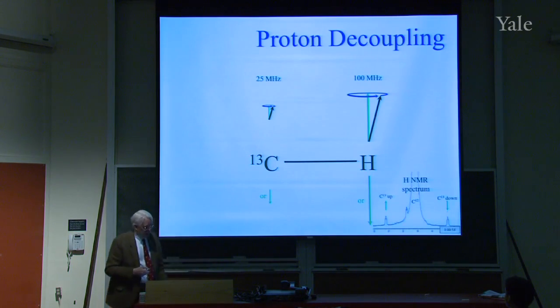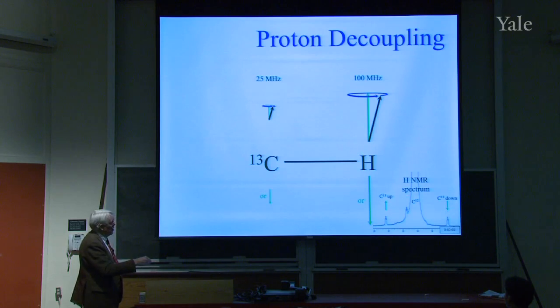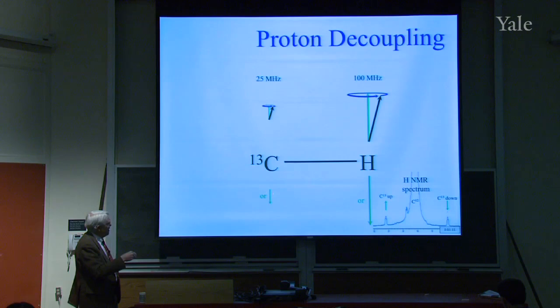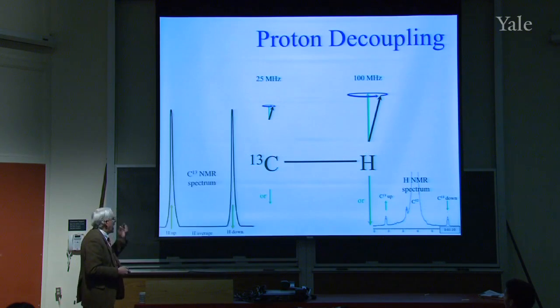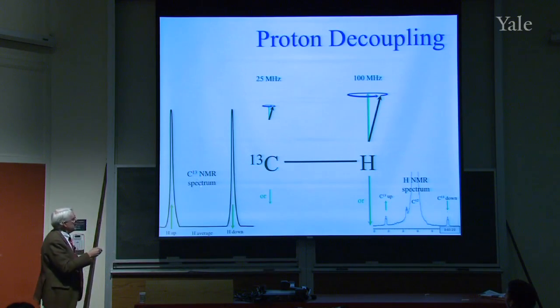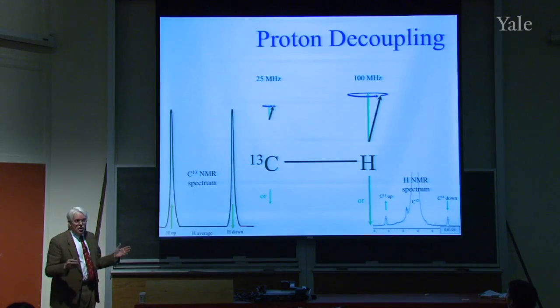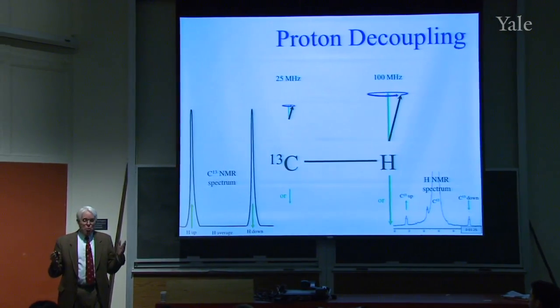Okay, and here's the NMR spectrum, and we've seen the satellites. This peak comes from C12s. This is from C13s when they're down, and this is the proton precession when the C13 is up, reinforcing the applied field. Okay? And at the same time, if we looked at the C13 spectrum, notice that essentially all hydrogen is protium.